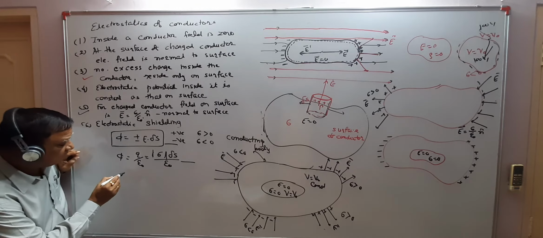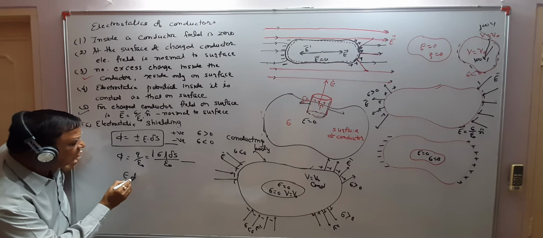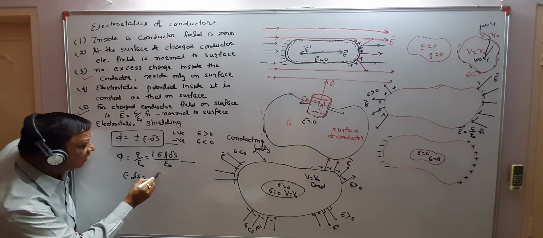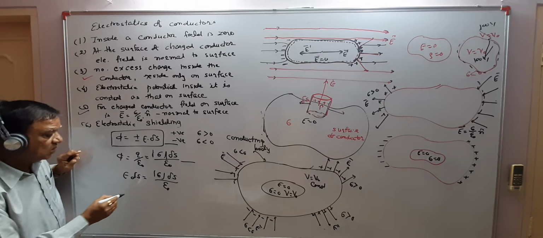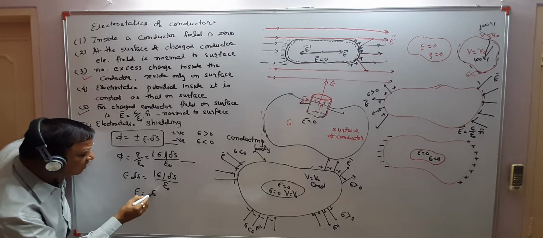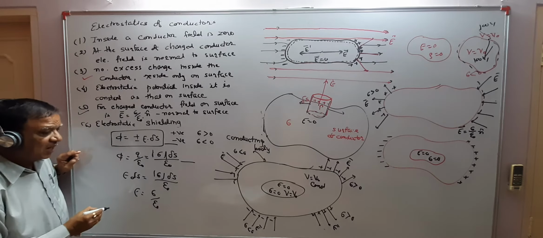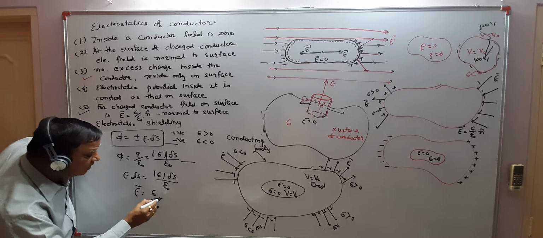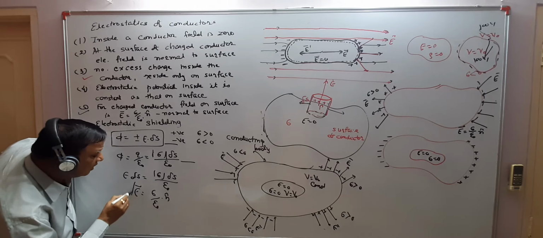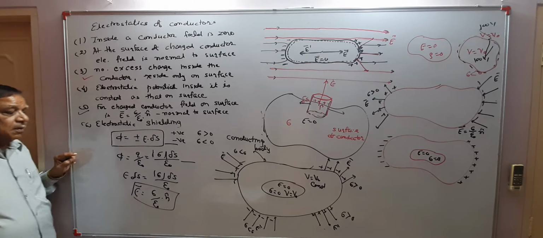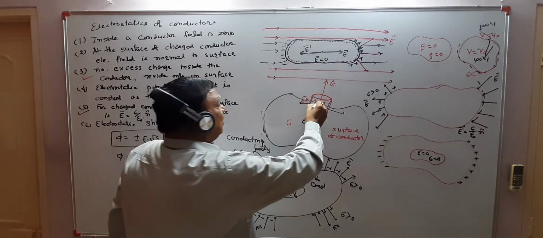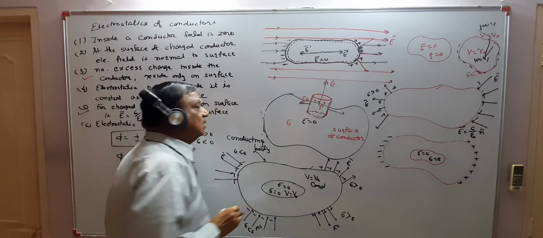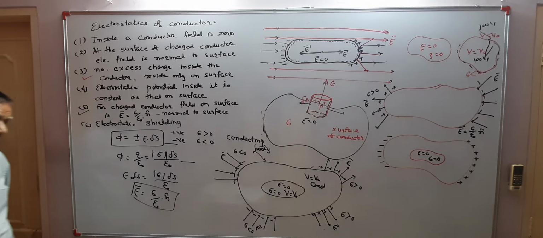Comparing both, E del S equals sigma del S by epsilon 0. So E equals sigma by epsilon 0, and in vector form E equals sigma by epsilon 0 n cap, where n cap is the unit vector normal to the surface at that point. So we have proved this result using Gauss theorem.